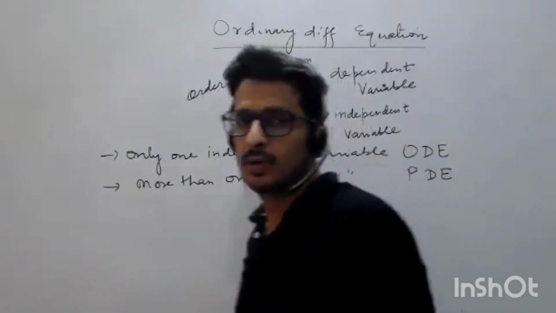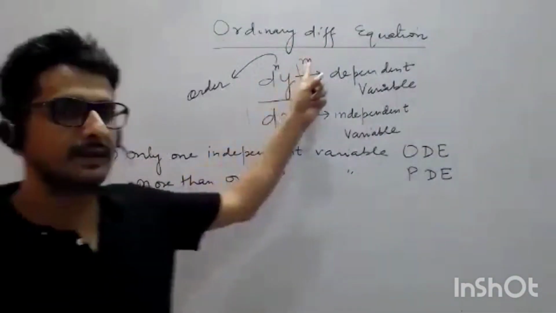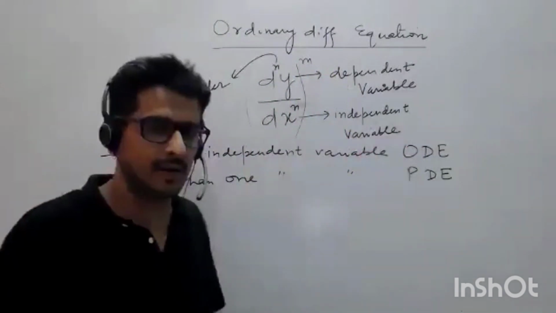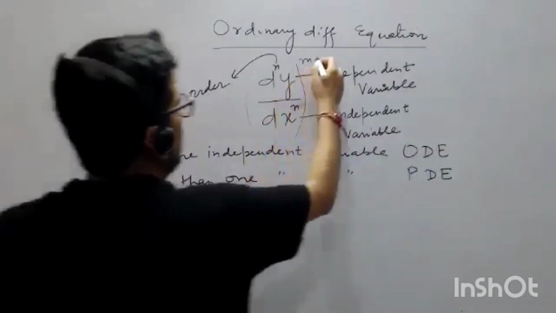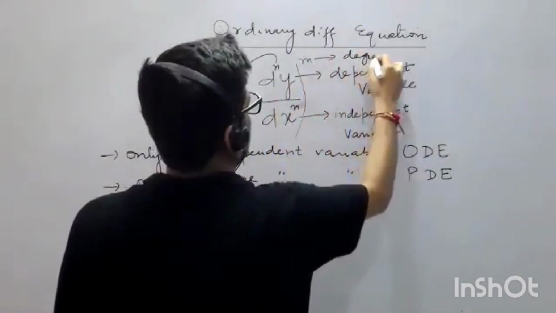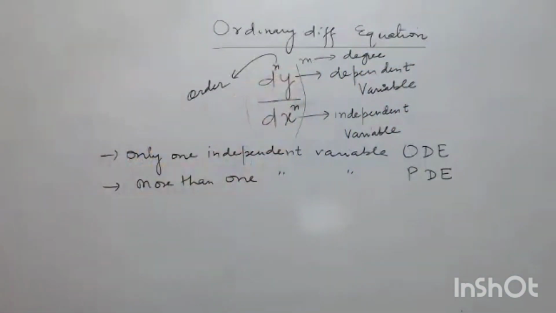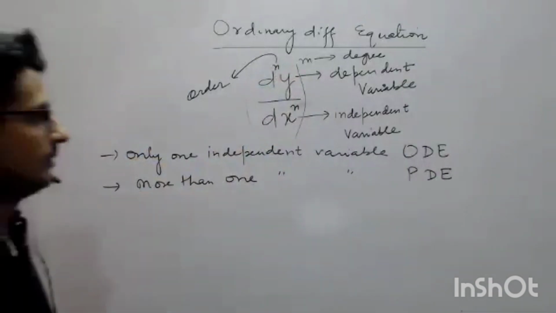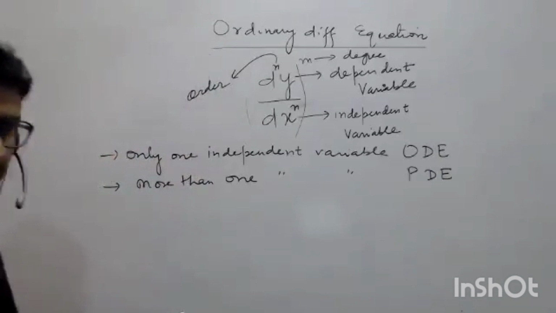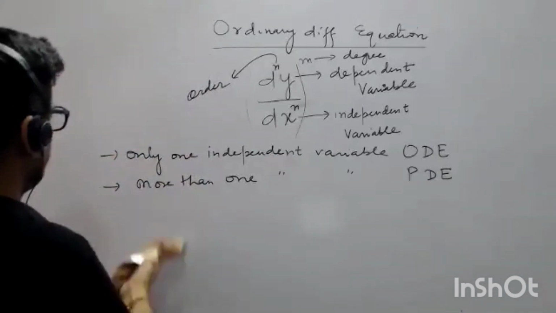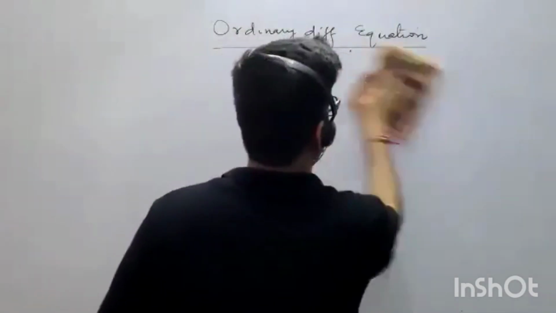Okay, so m should not be fractional. Suppose it is 3 by 2, so you will square the equation. Okay, so this is called degree. Okay, so this is order and this is degree of differential equation. ठीक है, so with this brief introduction, let me come to the topics. So let us come to the topic.